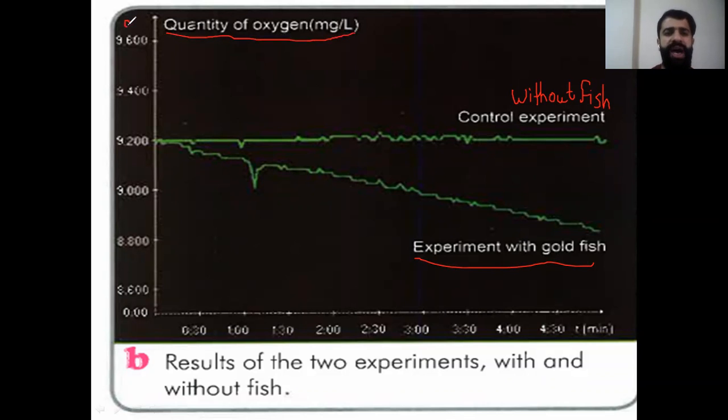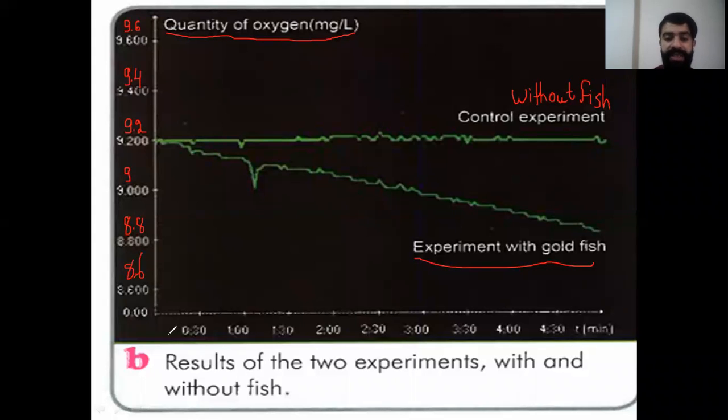Here are the values 9.600, so you can simply write it as 9.6. Here you can simply write it as 9.4. Here, measured in the oximeter, is 9.2. Here we have 9, here we have 8.8, and down here we have 8.6.